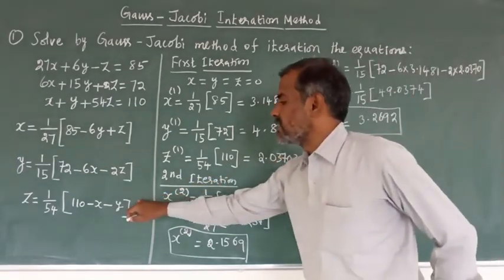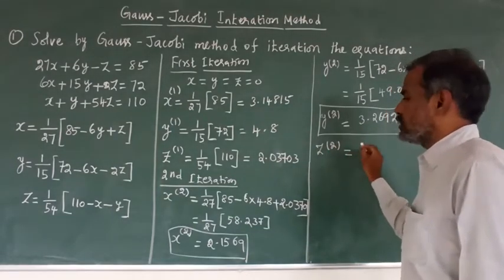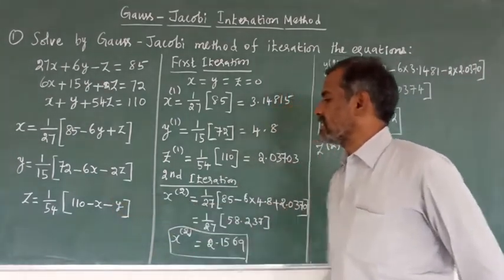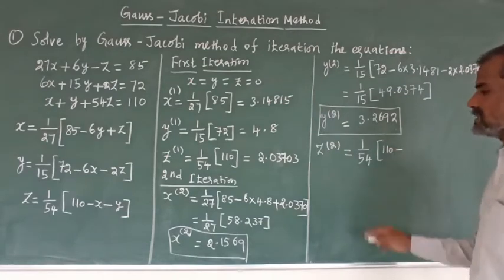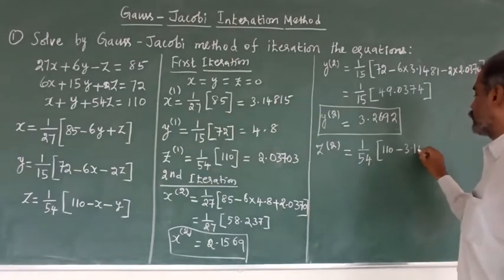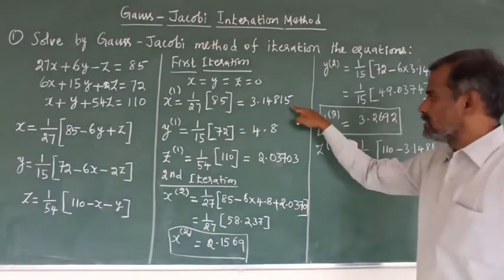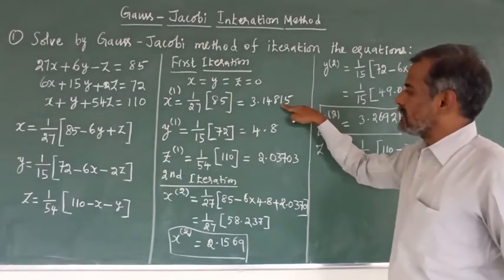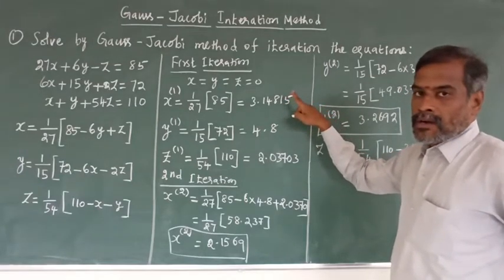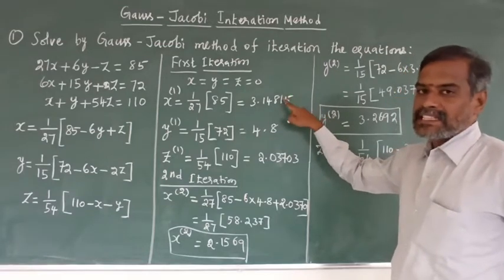Next, the z value: z2 = 1/54 (110 - x value of first iteration 3.1481 - y value 4.8). Above 5 we add 1, and below 5 we keep the digit as it is.